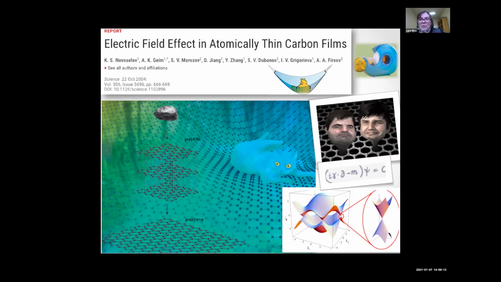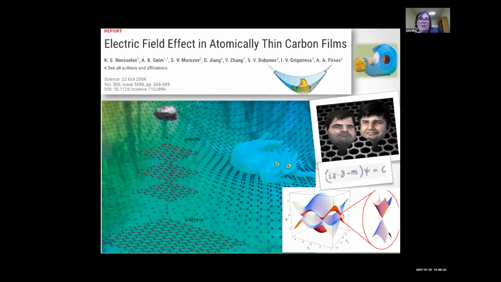Graphene can be seen as an allotrope of carbon, like graphite and diamond, but with different symmetries: a different hybridization of atoms, which is sp2.